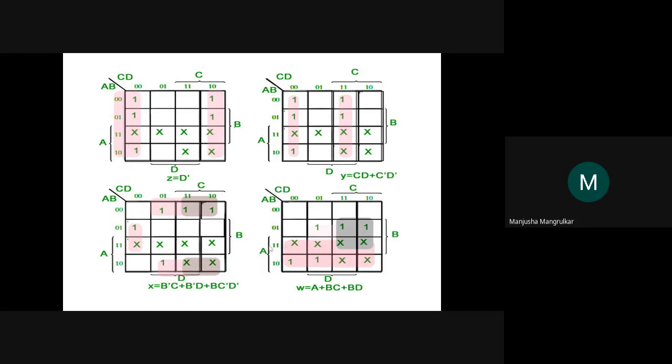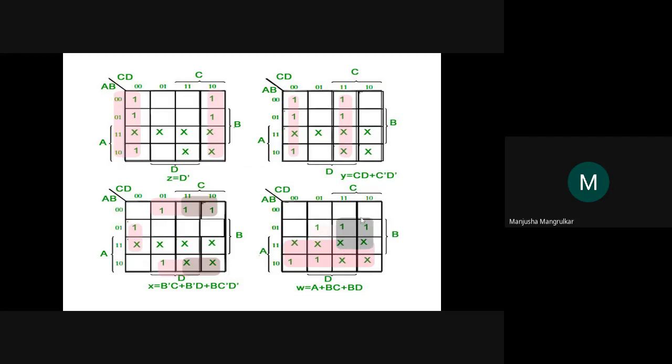What is the same in this pink group? Only A and B change from 0 to 1, and C and D change across all the bits, so the answer of this pink 8-cell group is A. Now this is a 4-cell group. If there were a don't care here, it would have been an 8-cell group, but it doesn't, so the maximum is 4 cells, and this is also a 4-cell group.